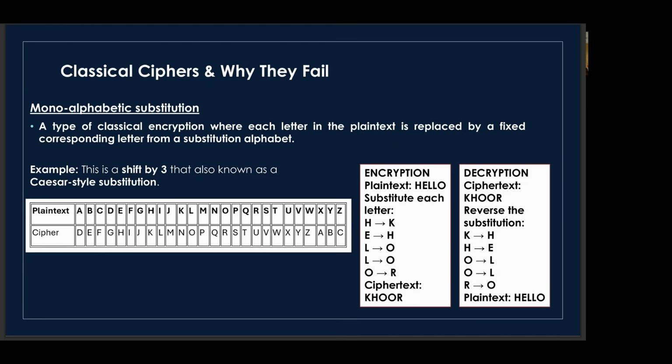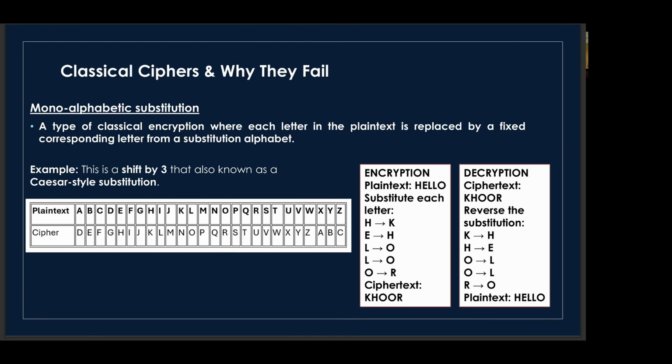Example, shift by three, also known as a Caesar-style substitution, where if the key is 3, meaning they shift by 3, from H to K. Example, H here, 1, 2, 3 becomes K, right? So if your message is HI, it becomes KL. That's how they shift. This is the substitution, a very simple mechanism, but easy to break.